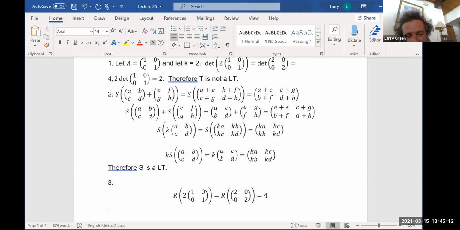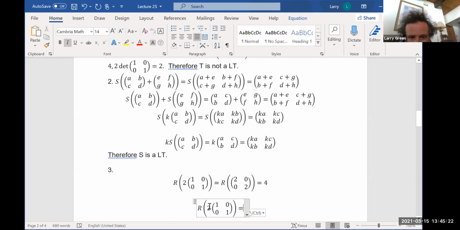Okay, so now let's do the same idea, but now we're going to have the 2 outside. So now we're going to have 2 times R of 1, 0, 0, 1. So what is R of 1, 0, 0, 1?